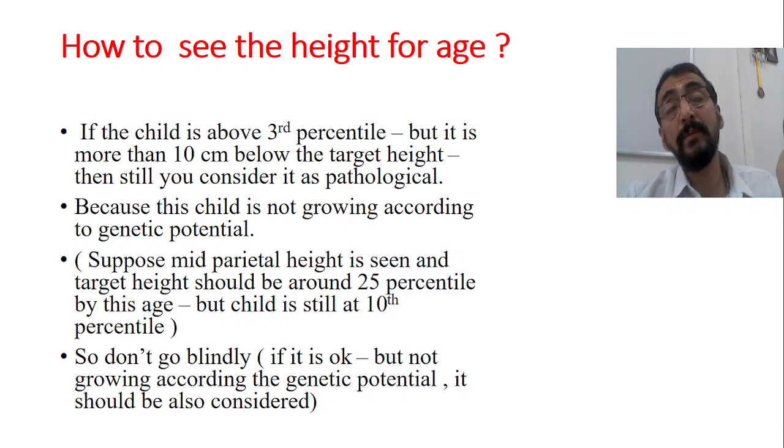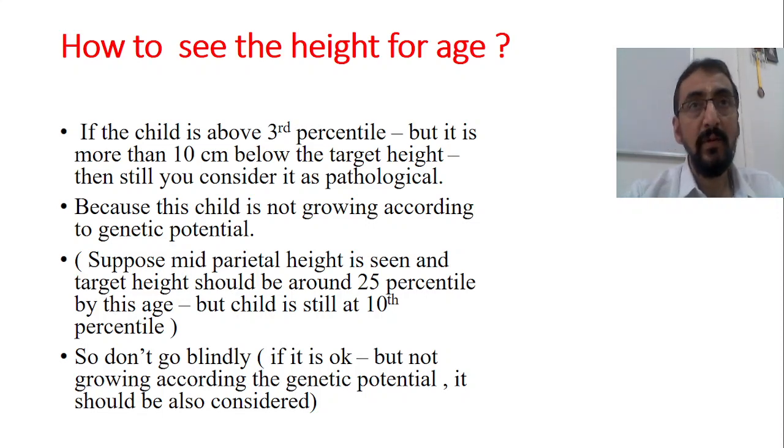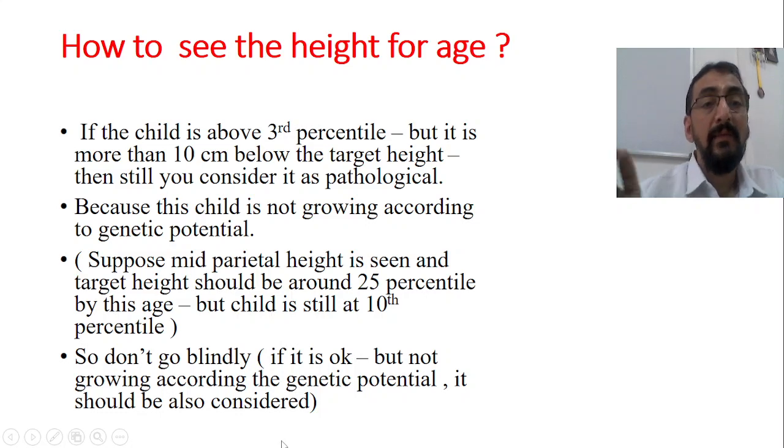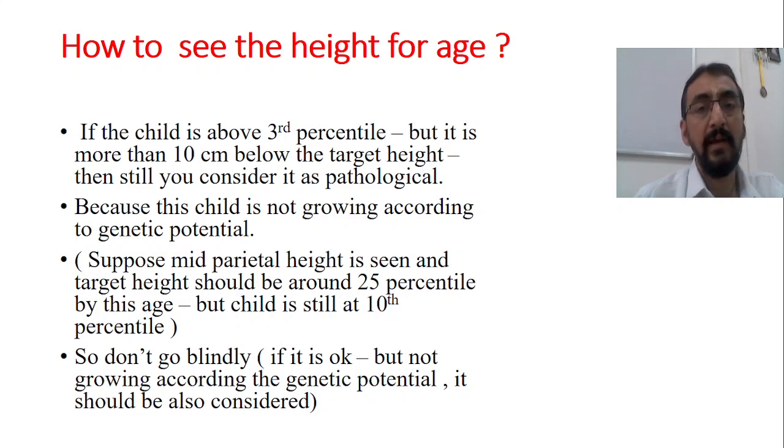And suppose the child is above the third percentile, we have seen too low at the junction, now above the third percentile, but it is more than 10 centimeters below the target height, then you still consider it as pathological. Suppose I say a 10-year-old boy has to gain, for example, I am just telling, somewhere around 140 centimeters of height.